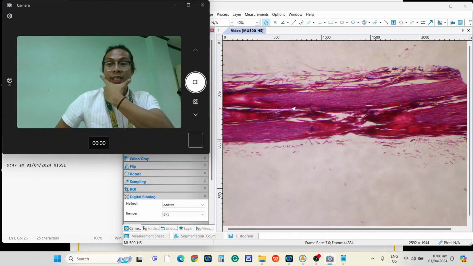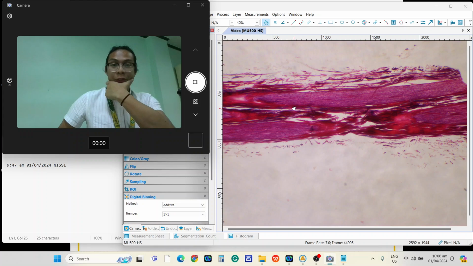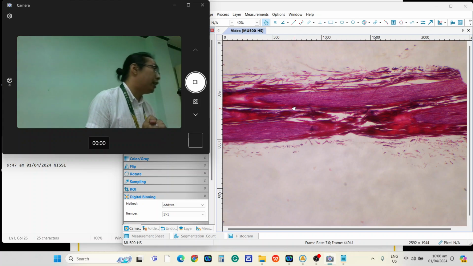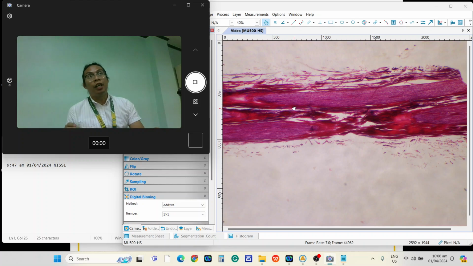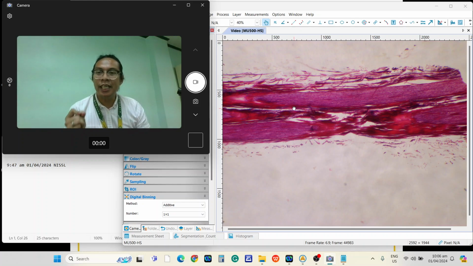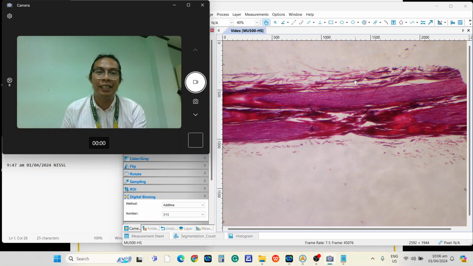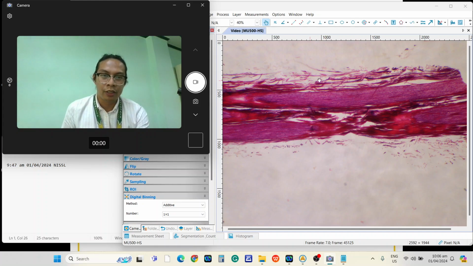So ano kaya ang tawag natin sa kanila? Kung sa muscle, anong ginagamit natin na root word or suffix kapag muscle? Diba? Mysium. Kapag sa nerve, ang tawag natin dyan is neurium. So this is the epineurium. Okay? Connective tissue covering of a nerve fiber.